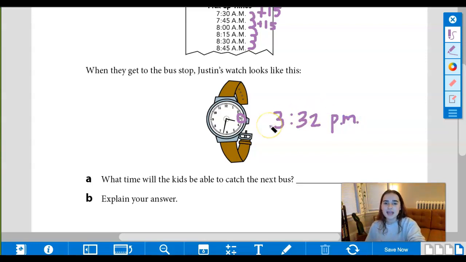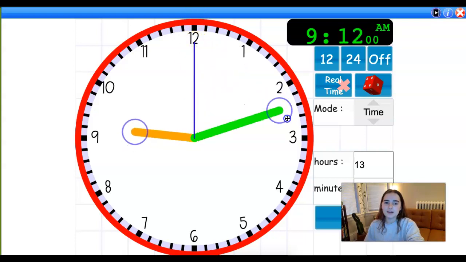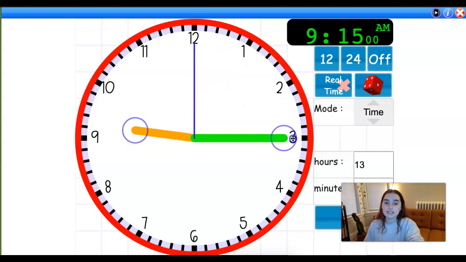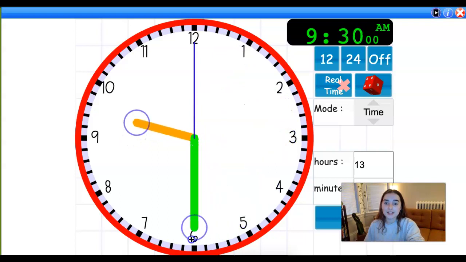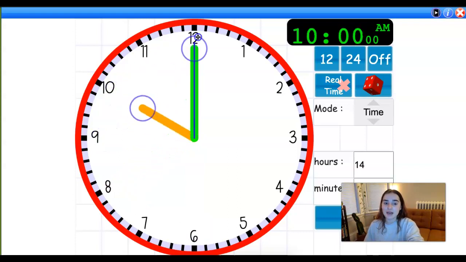If the bus comes every 15 minutes, we can see a pattern here, okay? Every 15 minutes would be at 9 o'clock, 15, 30, 45, and back to the top of the hour.